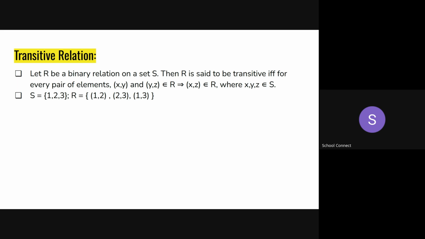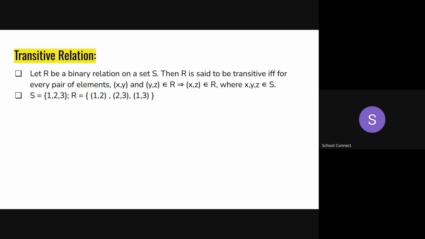So the first element in the first pair and the second element in the second pair form a pair, and that (x, z) should be in your R. So if this is satisfied by every pair (x, y), (y, z), then the relation R is said to be a transitive relation.